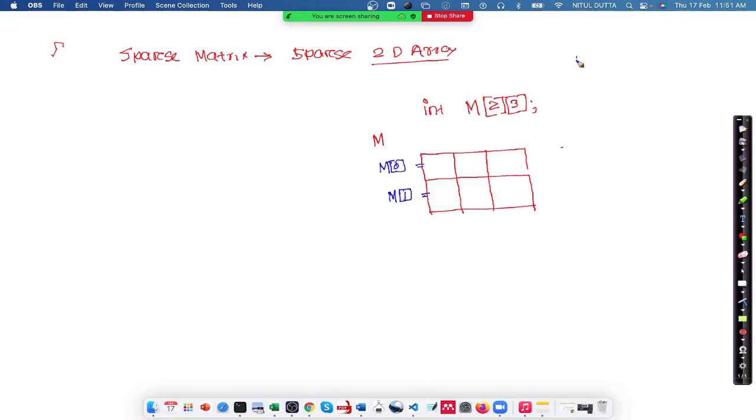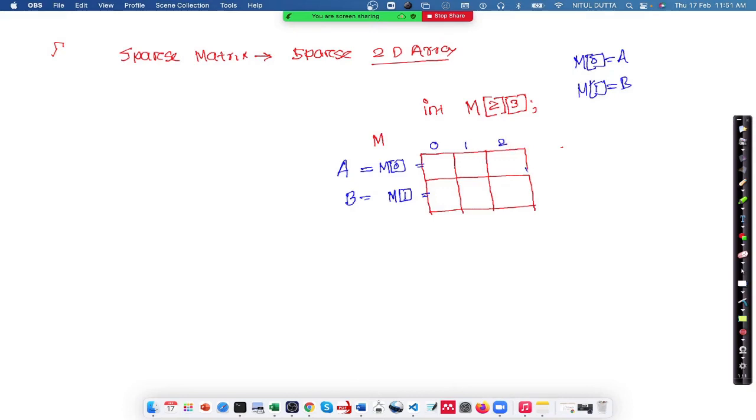For the time being, let us substitute M0 as A, M1 as B. Assume that this is equivalent to A, this is equivalent to B. Now if I go in this direction, this is 0, this is 1, this is 2.